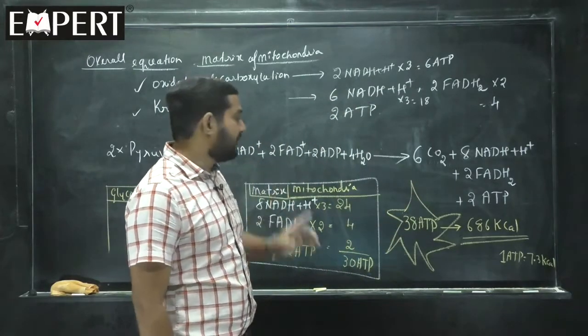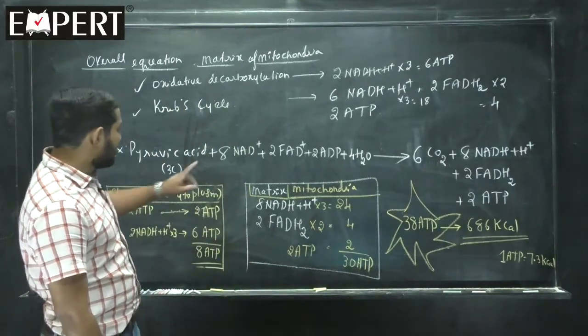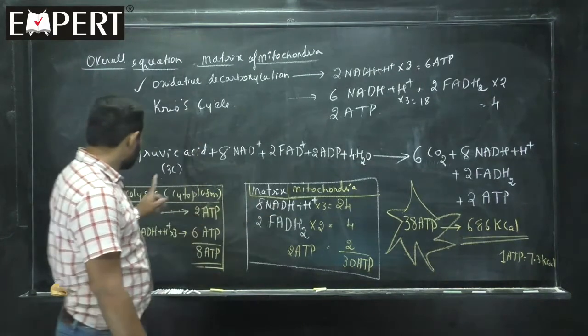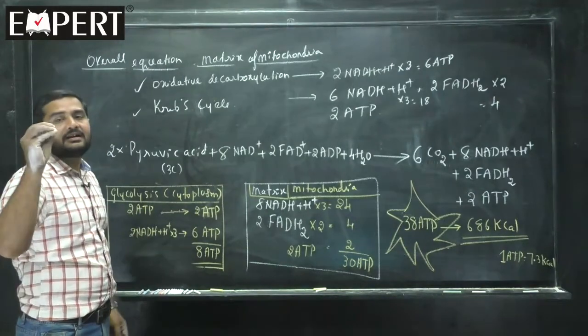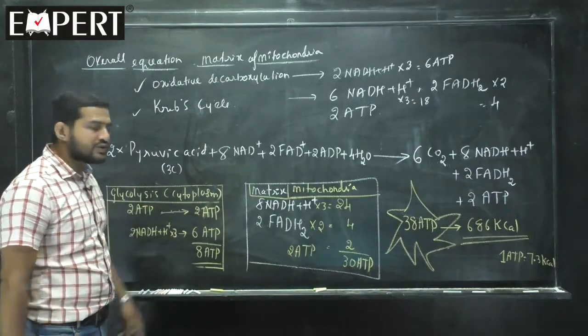How? How many NADH plus H plus do we have, tell me? We have 8 NADH plus H plus in the matrix, and 2 in the case of glycolysis, 8 plus 2, 10 NADH plus H plus we have. How many FADH2? 2.